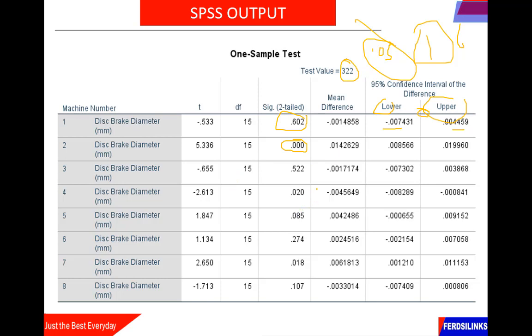So basically, that is what you see. If we want to conclude based on this, we will see that we should retain machine 1 because it is insignificant, retain machine 2, retain machine 3, reject machine 4, retain machine 5, retain machine 6, reject 7. Excuse me, let me delete this, sorry.